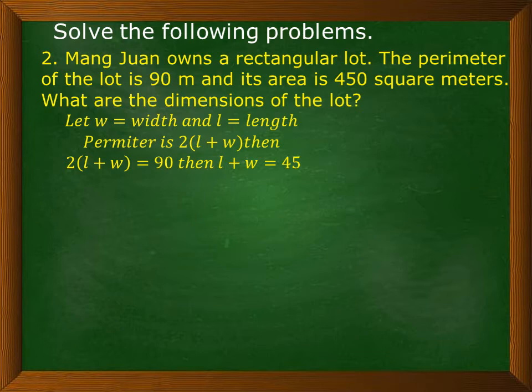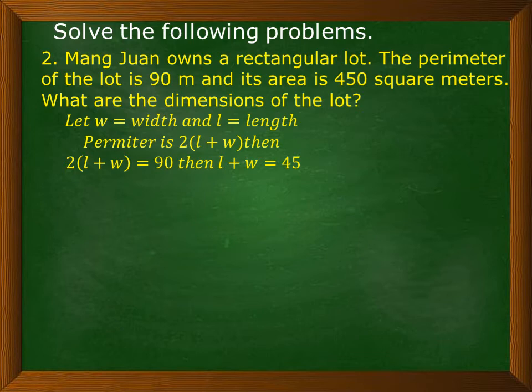Then, divide both sides by 2 because you have 2 there to simplify the equation. So, the equation now is L plus W is equal to 45.